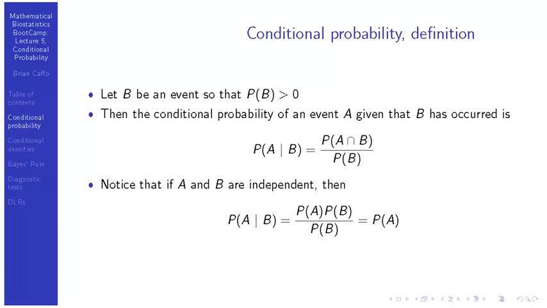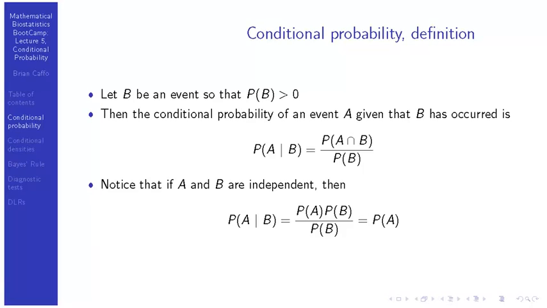So let's develop the notion of conditional probability just generically talking about events. Let B be any event such that the probability of B is greater than 0. This condition is kind of important because it doesn't make any sense to condition on the probability of an event occurring when that event cannot occur. So it doesn't make any sense to talk about the probability of A given B occurred if the probability that B occurred is exactly 0.